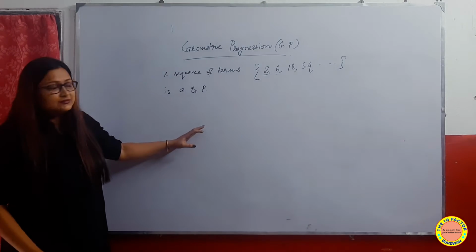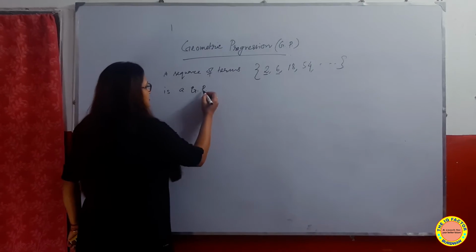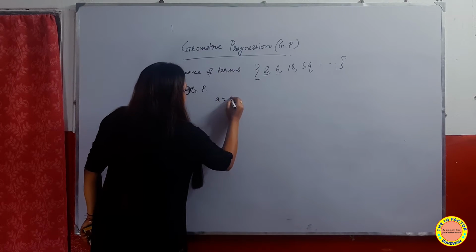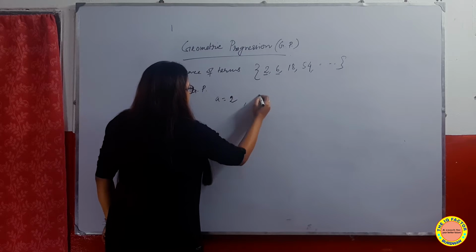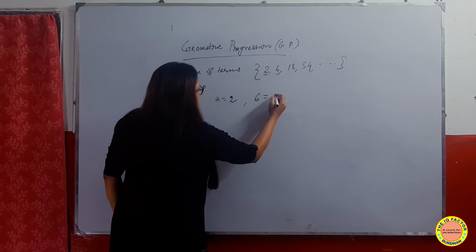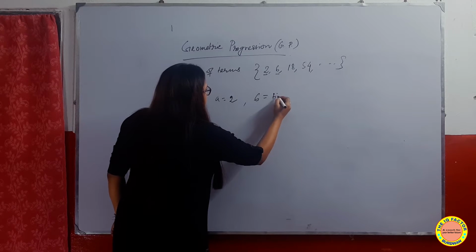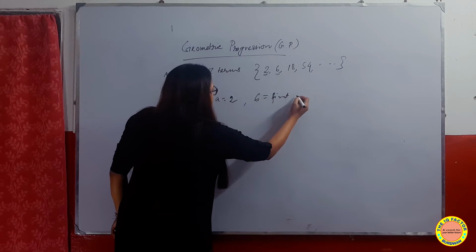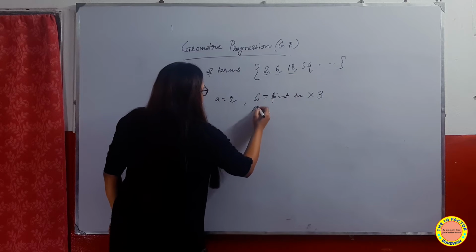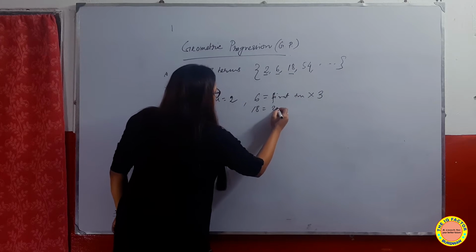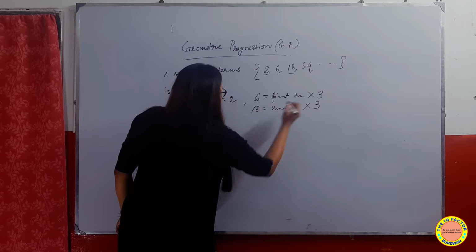Now how? That is to discuss. Here the first term is 2, A is 2, and the second term 6, we can get from the first term into 3. Third term 18, it is the second term into 3.